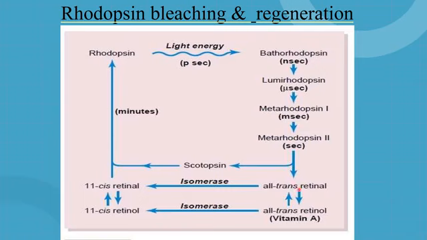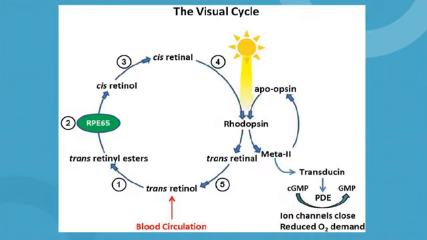This will be the rhodopsin bleaching, that is the color imparted, red color, will be converted to yellow color by changing of rhodopsin to all trans retinol, so that is called rhodopsin bleaching. And then this is again converted to 11-cis retinol by isomerization, which is called rhodopsin regeneration.